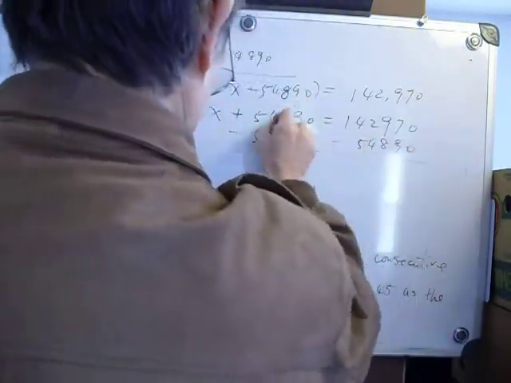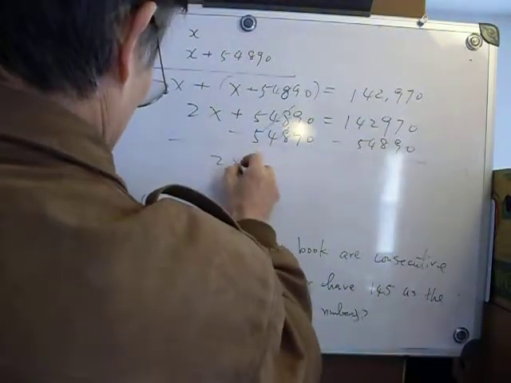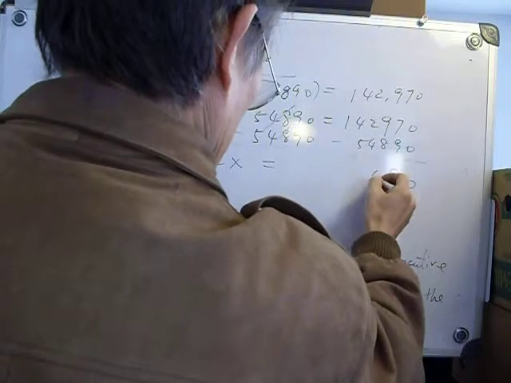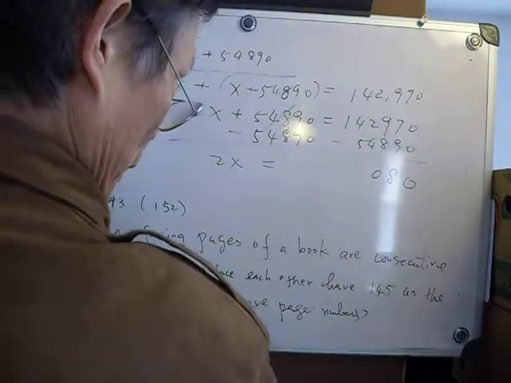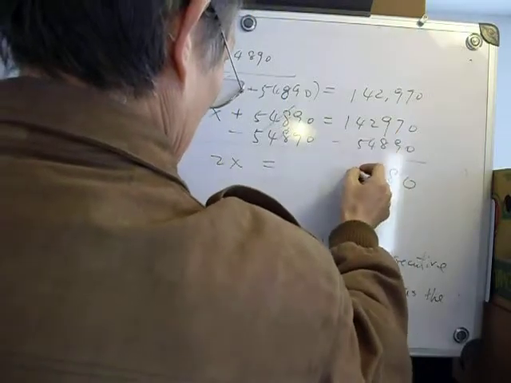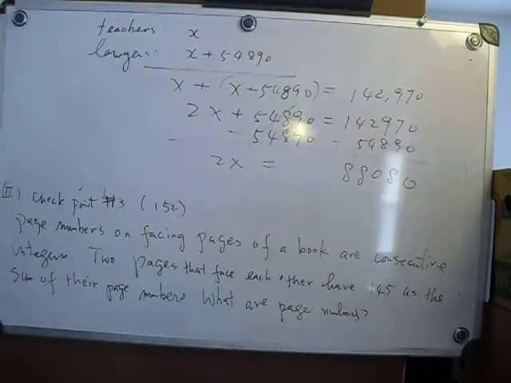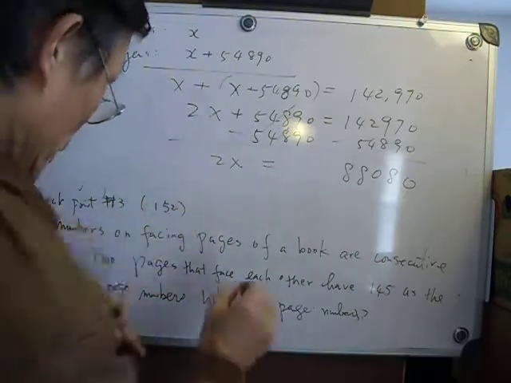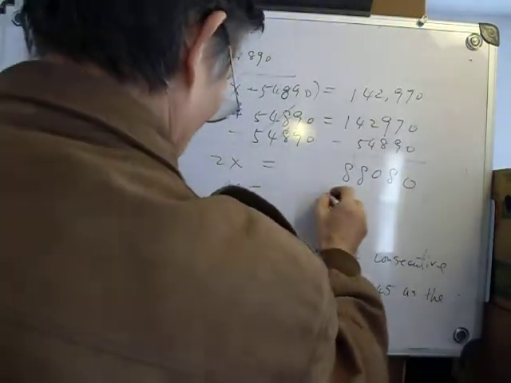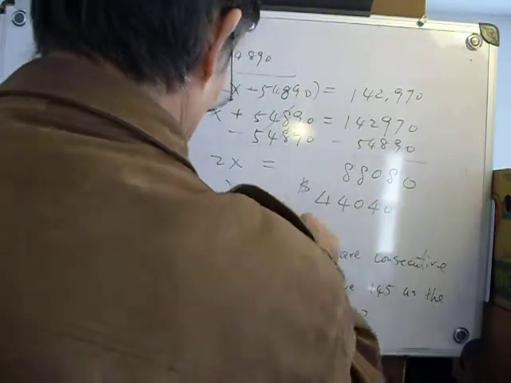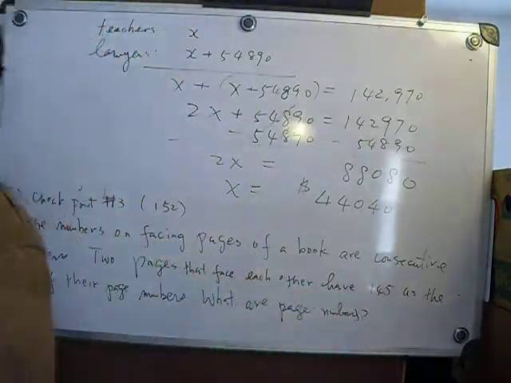On the left-hand side you cancel that, leaving 2x. On the right you subtract and get 88,080. And then you divide by 2, undo this 2, divide by 2. So you get $44,040. This is the teacher's salary.